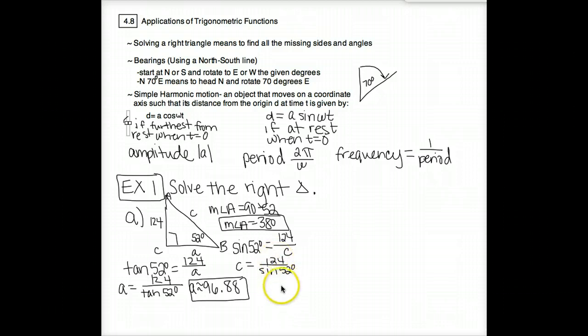And again, make sure it's in degree mode, and then you can just divide this out in your calculator. I believe that you should get approximately 157.36. All right, we're going to look at one more of this type.